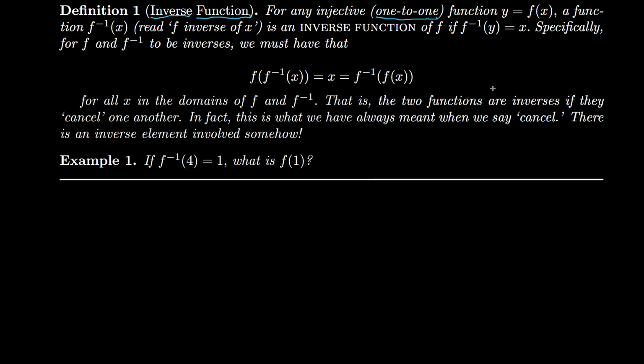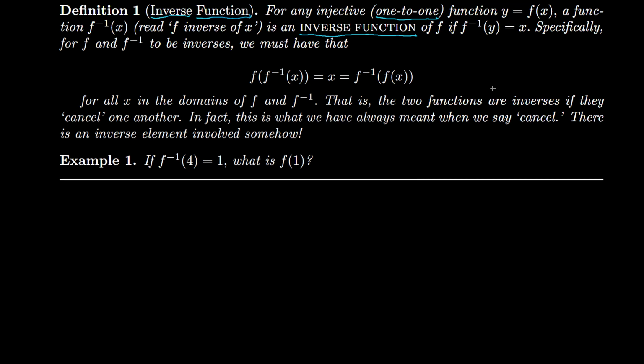Like the x squared function isn't one-to-one: -1 and 1 both give you 1 out. For any injective function y equals f of x, this, read f inverse of x, is an inverse function of f, if f inverse of y equals x.